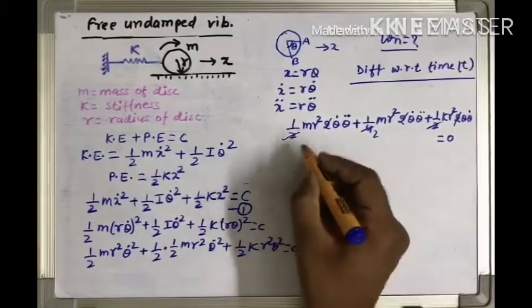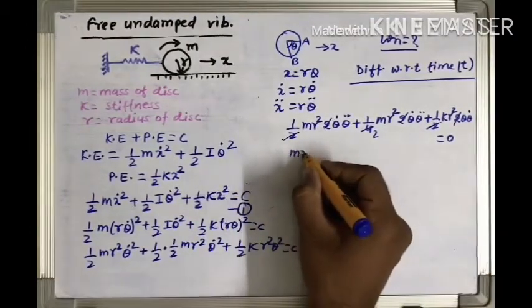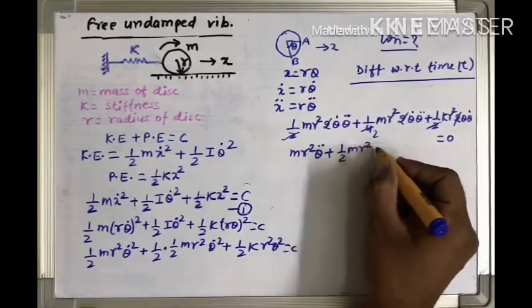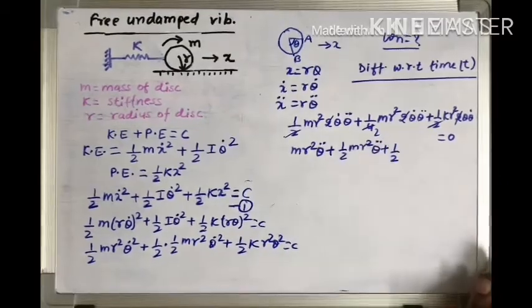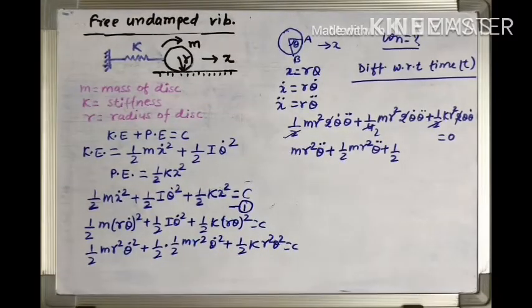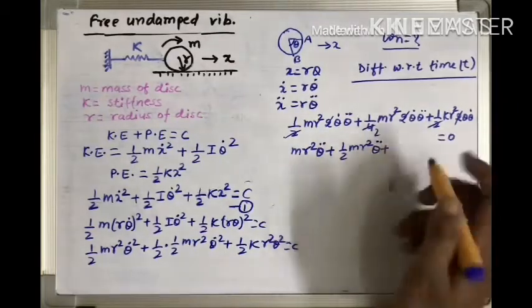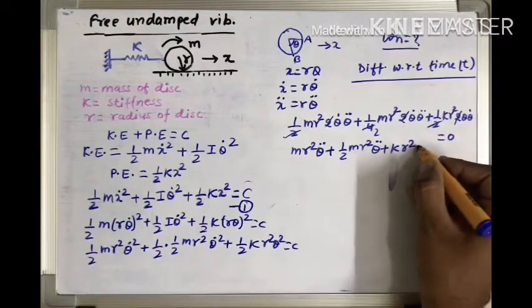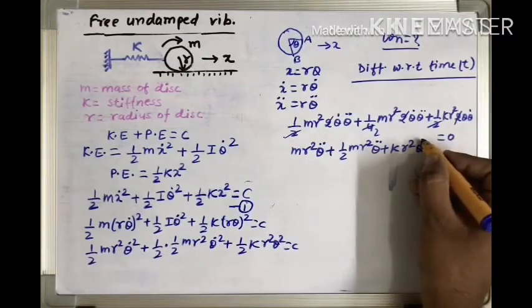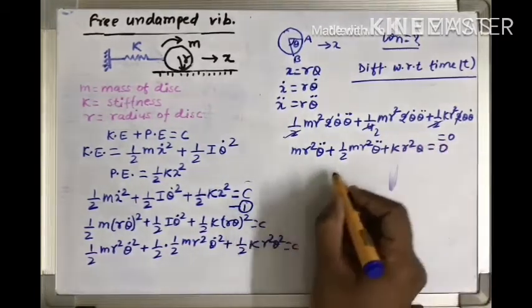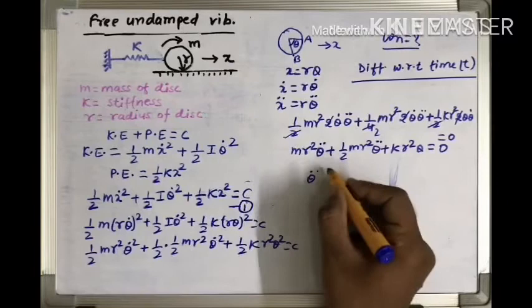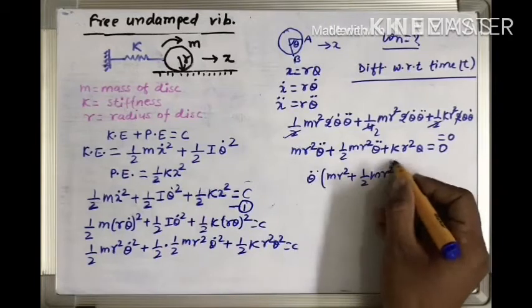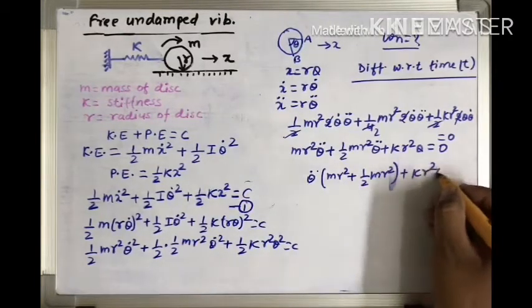We have the final equation: m r square theta double dot, plus 1 by 2 m r square theta double dot, plus k r square theta is equal to 0. So we can take theta double dot common, and we get m r square plus 1 by 2 m r square, plus k r square theta, equal to 0.